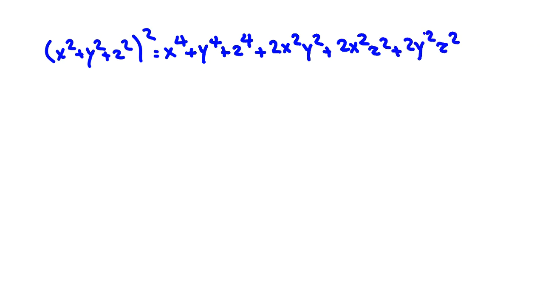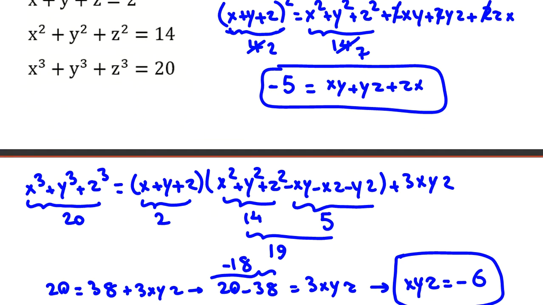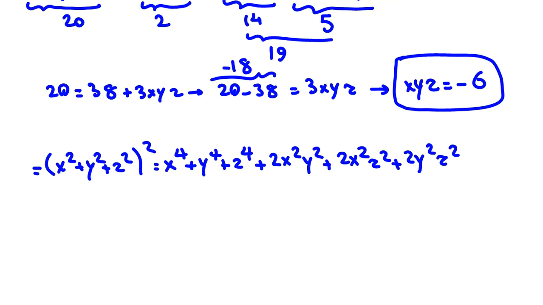This solution helps you to be able to work with identities and improve your problem solving in the part that works with identities. So here I say, okay, x squared plus y squared plus z squared, I know it is 14. So it is 14 squared.